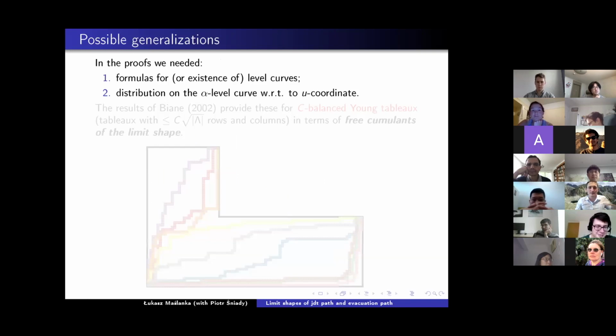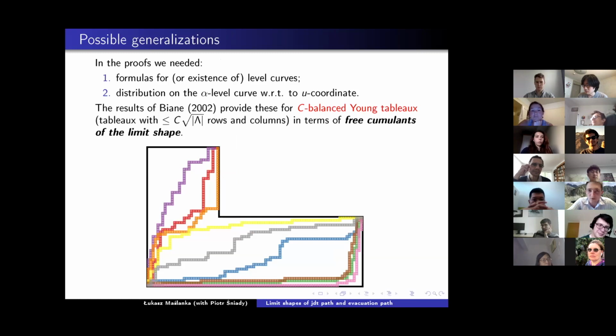And for these results, in fact, we used two things. First is formulas for existence of the level curves in square Young tableau, and the distribution on these alpha level curves with respect to the u-coordinates of the surfers. Bian provides these results for C-balanced Young tableau.